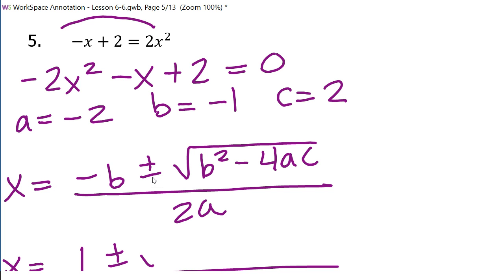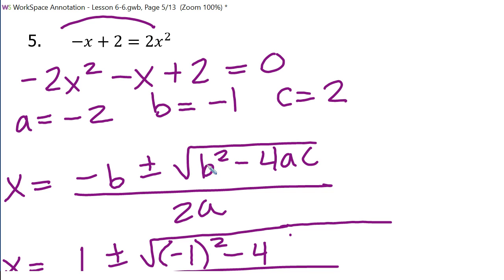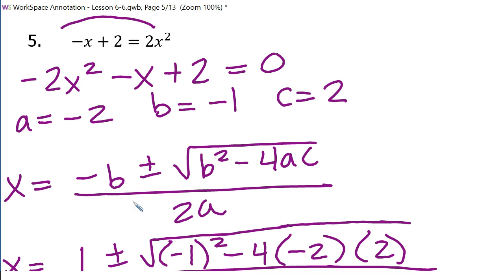What do I put for b? If it's negative, what does it have to have? So -1 in parentheses needs to be squared. Minus 4. What do we put for a? -2. What do we put for c? 2. And then the denominator is going to be 2 times what? -2.